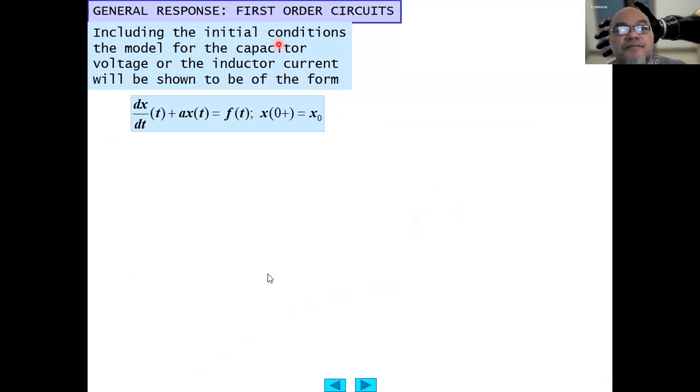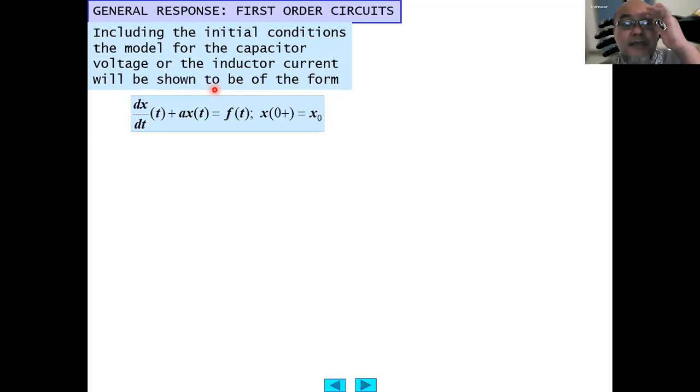Okay, so the general response for a first order circuit, we always have to include the initial condition. Because we are working with a linear ordinary differential equation, some information regarding the initial condition should be given or should be known. So this includes the initial condition, and the model for the capacitor voltage or the electric current will be shown here in the form of this ordinary linear differential equation, ODE, which you have learned hopefully in calculus or in engineering mathematics.